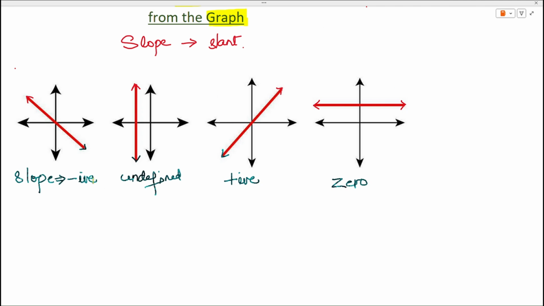So you could have a line with a negative slope going down from left to right. You could have undefined slope for a vertical line. You could have a positive slope for a line moving up from left to right, or you could have a slope of 0 for a horizontal line.